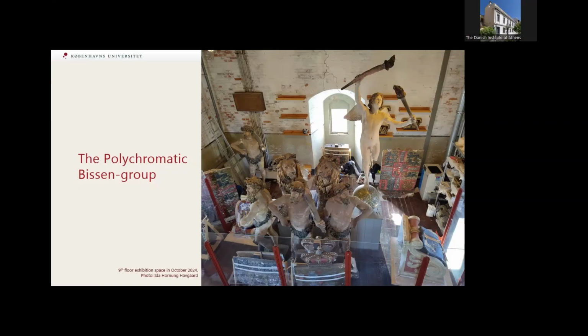They don't really have a title, so I have chosen to name them after their distinctive polychrome surfaces and the head sculptor behind their creation, Willem Bissen. In my research, I use this group as an entry point to explore monuments and public sculptures as dynamic phenomena, and ask questions of how they change across time and space.